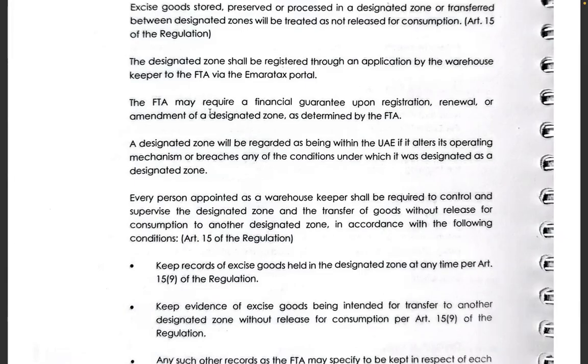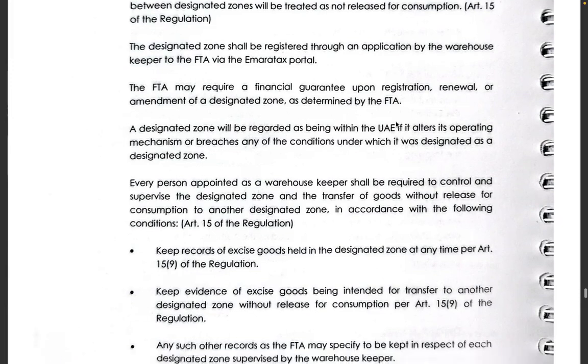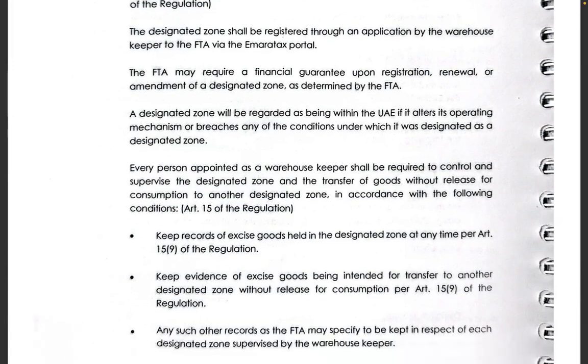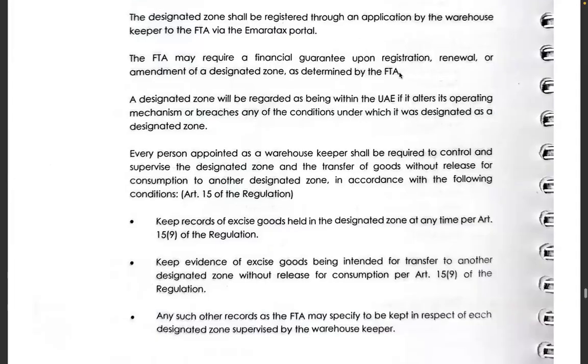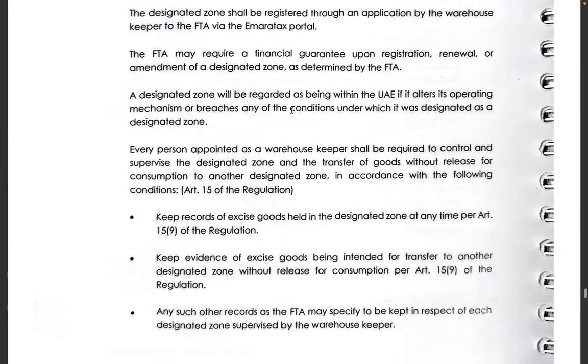The FTA may require a financial guarantee upon the registration, renewal, or amendment of a designated zone as determined by the FTA. So financial guarantee is required upon registration, upon renewal, upon amendment. A designated zone will be regarded as being within the UAE. Now that's a very interesting point.